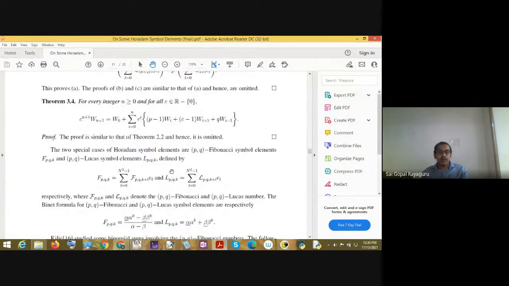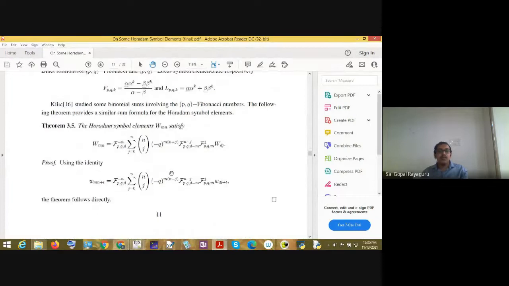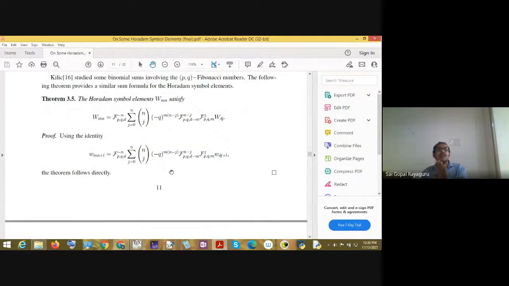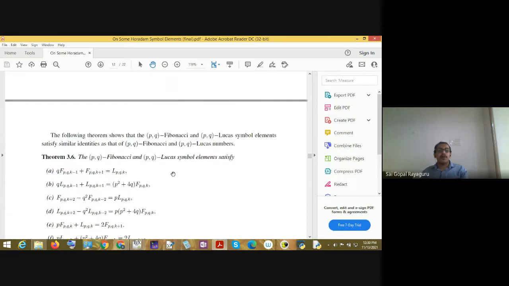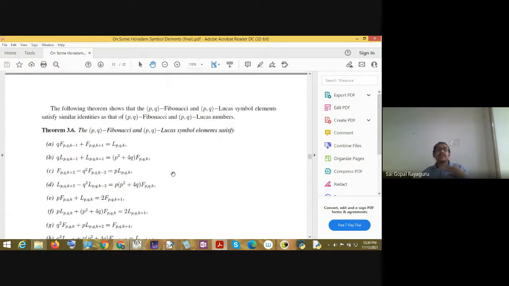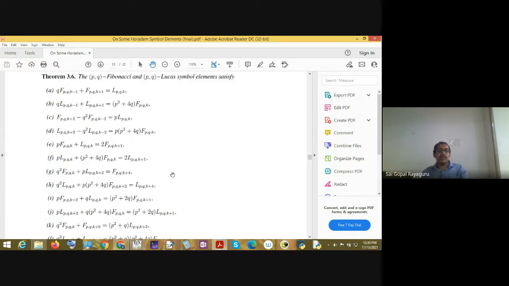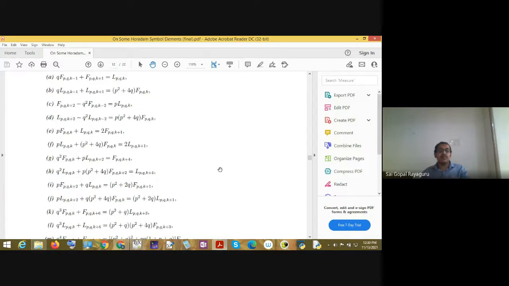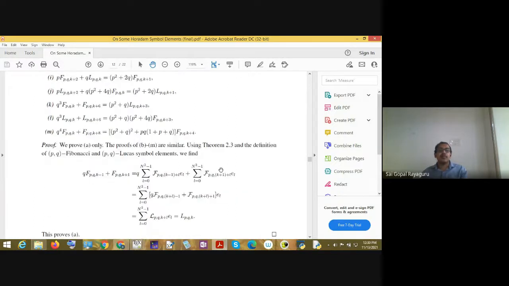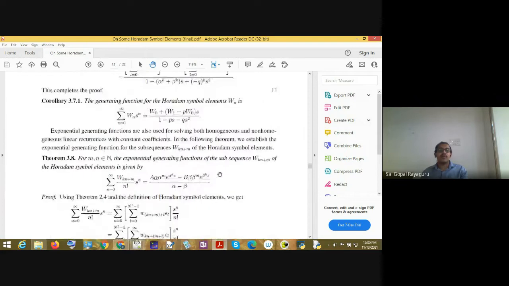I'm scrolling up quickly, it may or may not be visible, but some notations are different, though the thing is the same, but it requires a lot of computation. As I showed, the same or similar property holds in case of Horadam symbol elements.